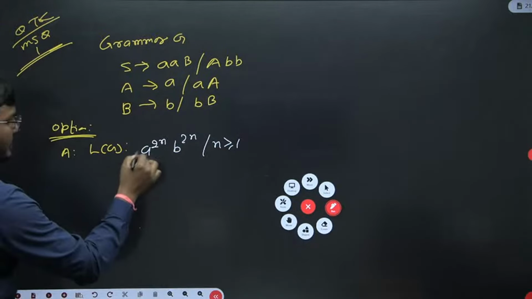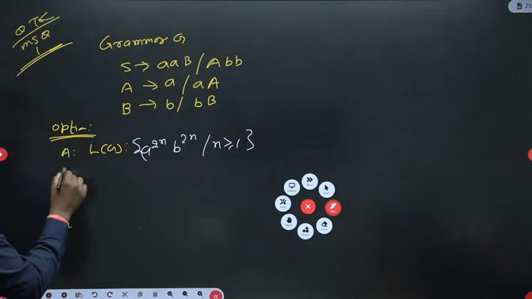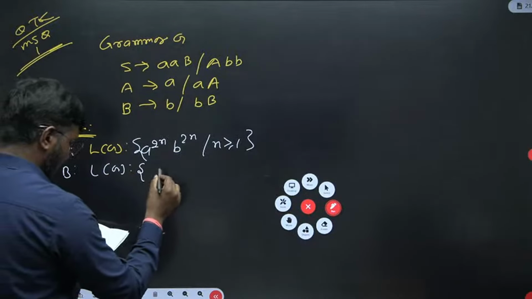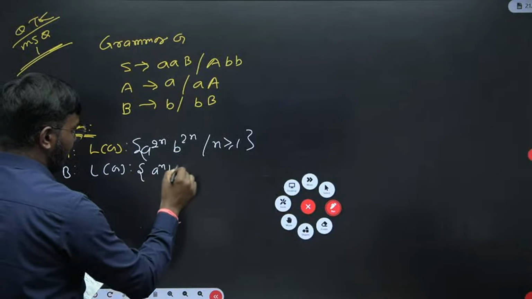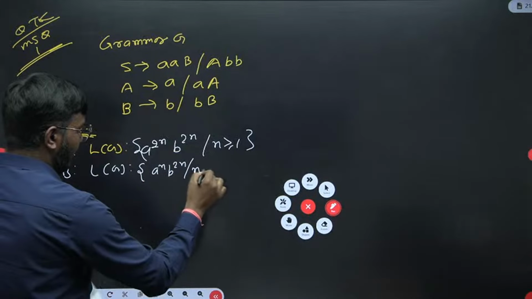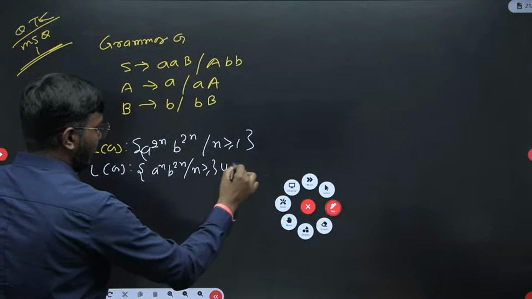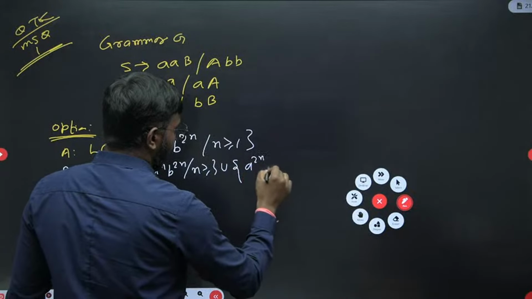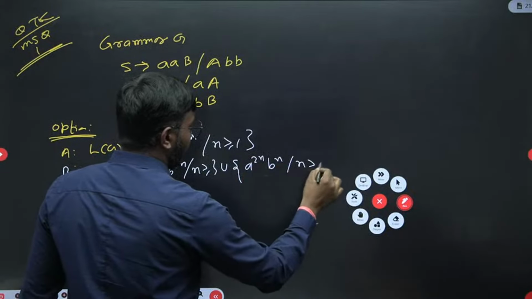This was the first option. And the second option, B: L of G is a to the power of n, b to the power of 2n, n greater than or equal to 1, union a to the power of 2n, b to the power of n, n greater than or equal to 1.